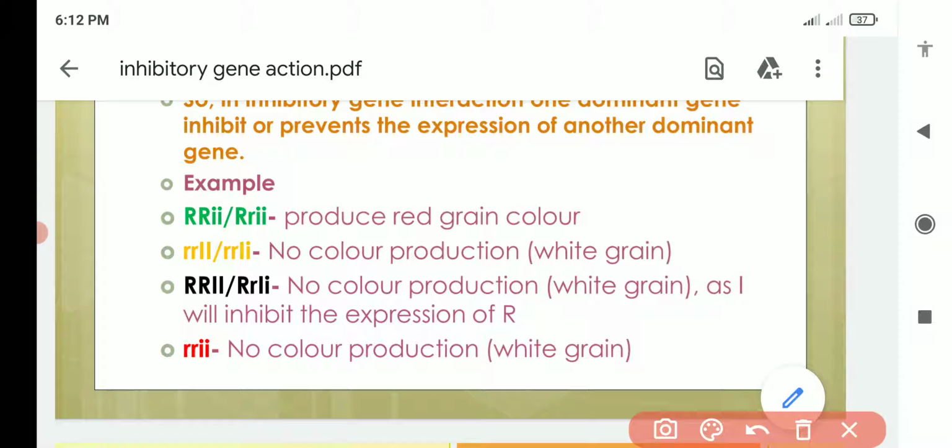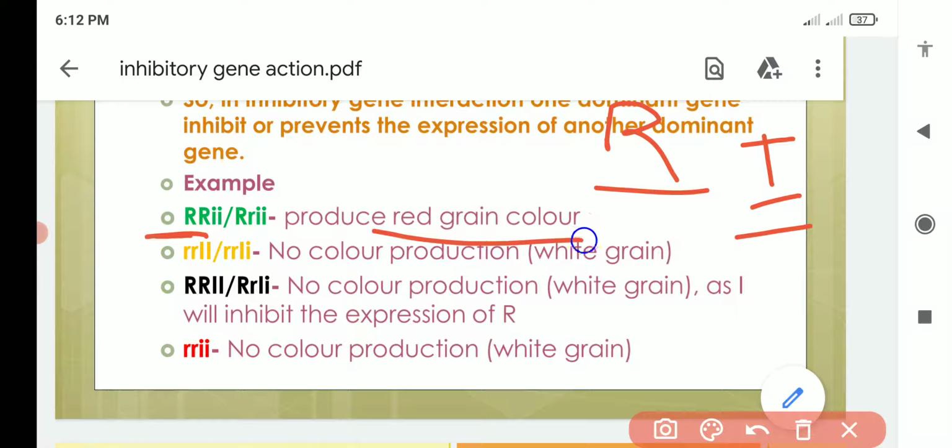For example, there are two genes, R gene and I gene, and they are both responsible for grain color production. If capital R is present alone, with small i, it will produce red grain color. So this R is responsible for red color production in the grain.